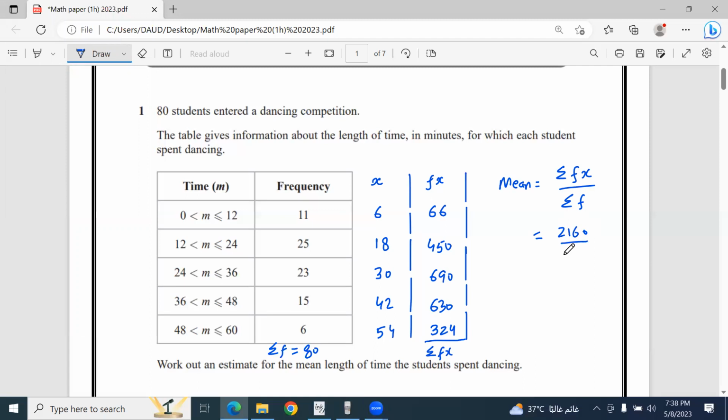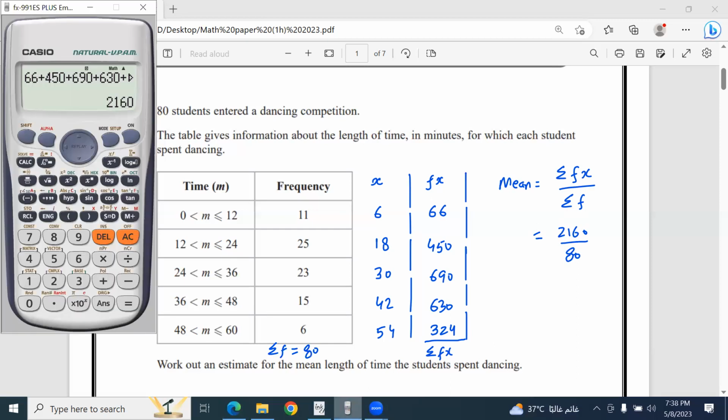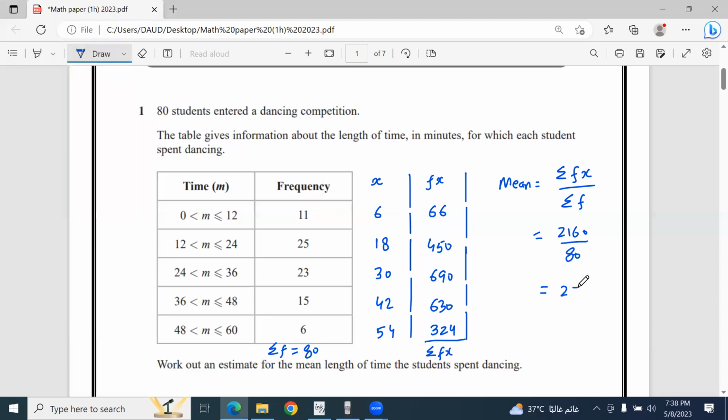Divide by summation f, that means 80 students. If you check here, dividing by 80 gives you 27. So this is the mean value, our estimate of the mean length of time the students spent dancing.